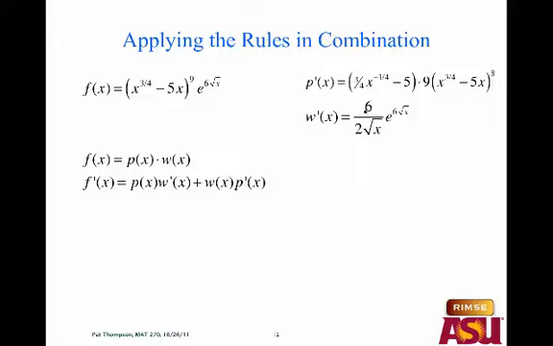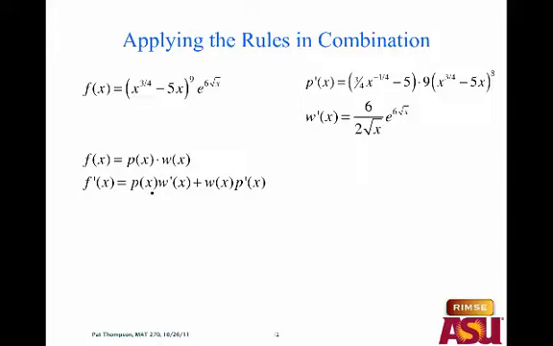So it's going to be 6 times 1/2 radical x times the rate of change of the exterior function with respect to the interior function. So that'll be the rate of change of e to the something is e to the something. So this is our rate of change of the second part, which we see here in the overall structure of our answer. So now we're ready to write everything down.